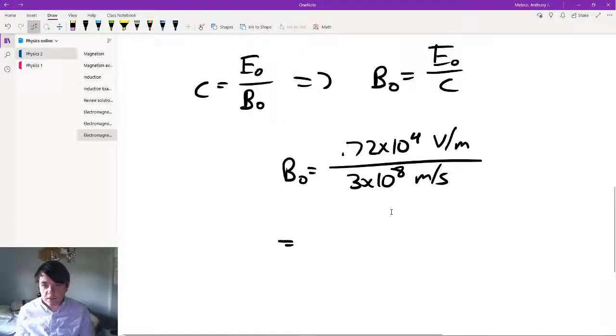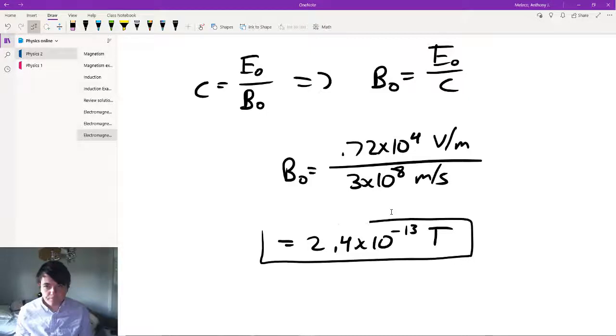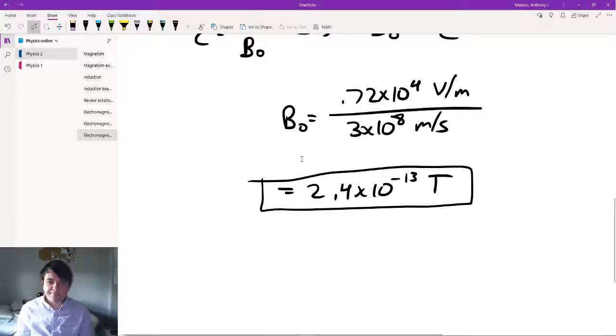You plug that in, and you get 2.4 times 10 to the minus 13 Tesla. That's the maximum amplitude of the magnetic field in that situation.